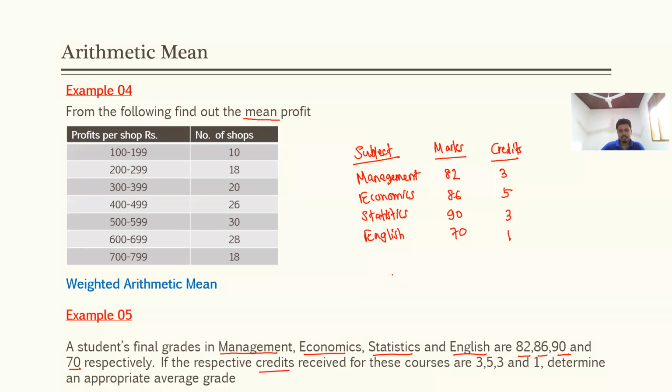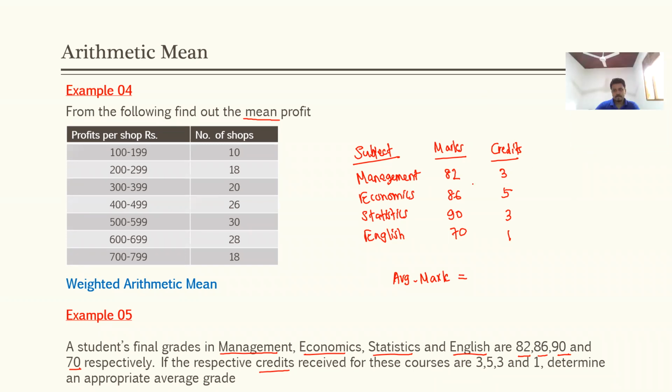Appropriate average grade means we need to simply calculate the average mark. Right. How can we calculate that? The only difference here is that instead of the previous frequencies, it has been replaced by a weight. Each subject has a weight relevant to it. Here this weight is the credits of the subjects. If credits are higher, that subject's weight is higher; if credits are lower, its weight is lower. So how can we calculate this?